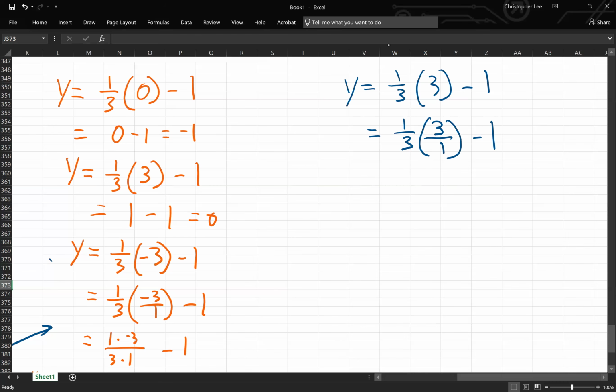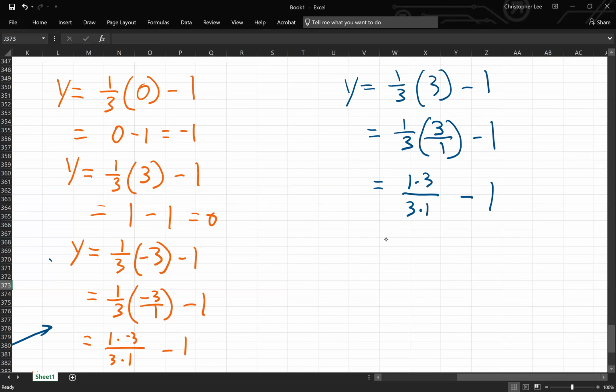Now, whenever we multiply fractions, we multiply straight across, right? Numerator with numerator, the top numbers, denominator with denominator, the bottom numbers, right? So this is going to become 1 times 3 over 3 times 1, and of course, minus 1, right? And then just do the math as you see it.